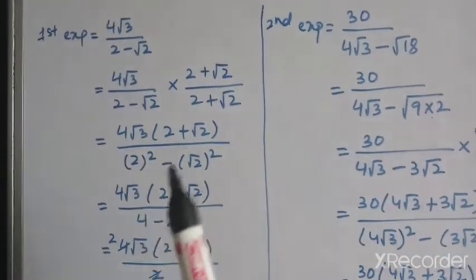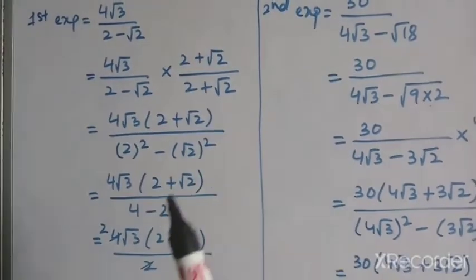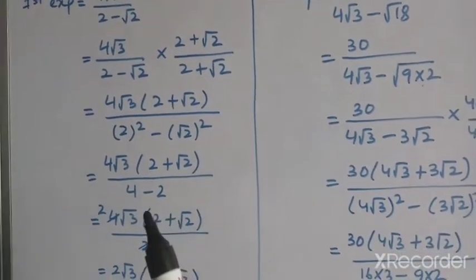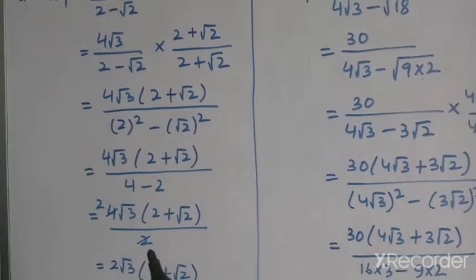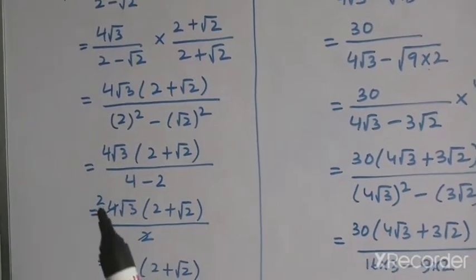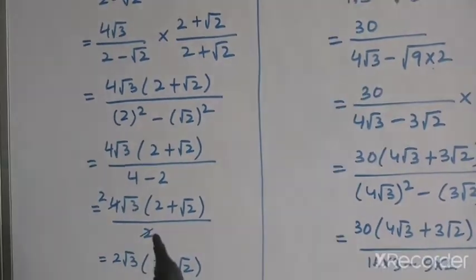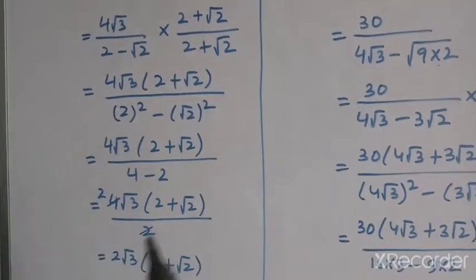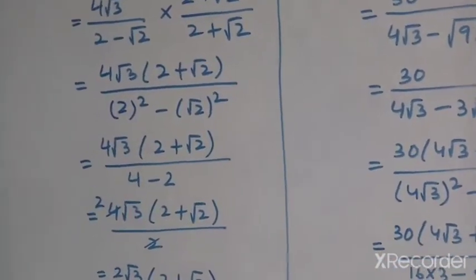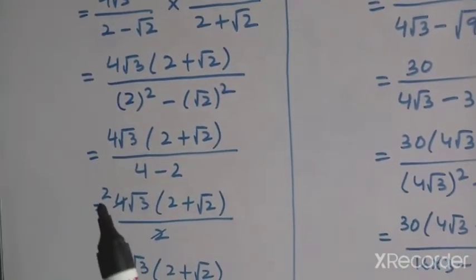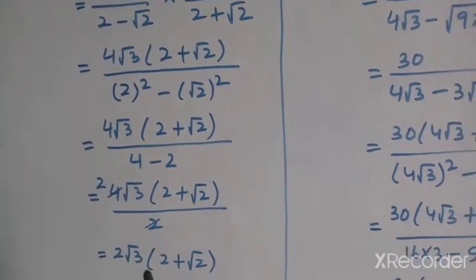So this remains as it is. The square of 2 is 4, the square of root 2 is 2, then 4 minus 2 will give you 2. So these two are rational, you can cancel. Suppose here you got 3 and this 2, you cannot cancel because this is irrational and 3 is rational. So 2 twos are 4, so you get 2 into root 3.